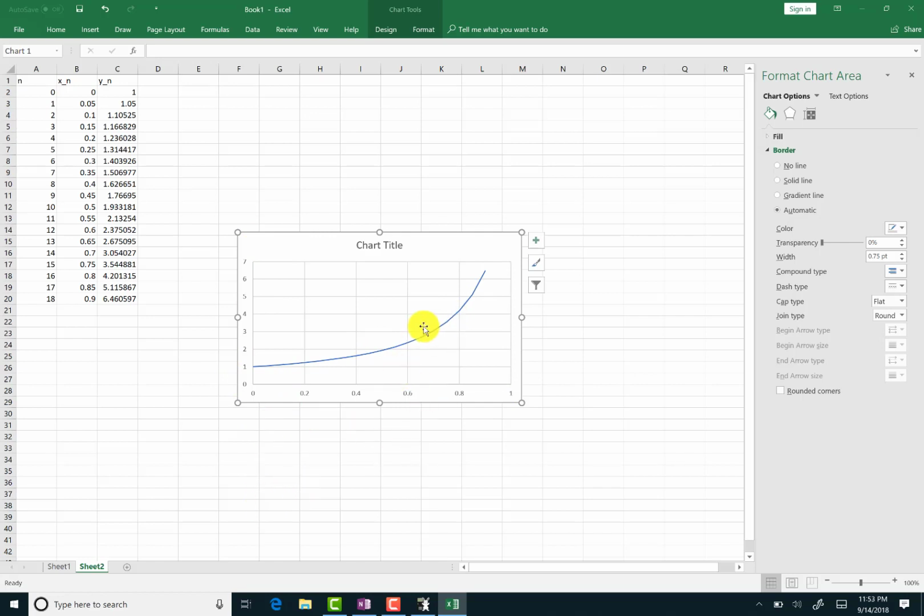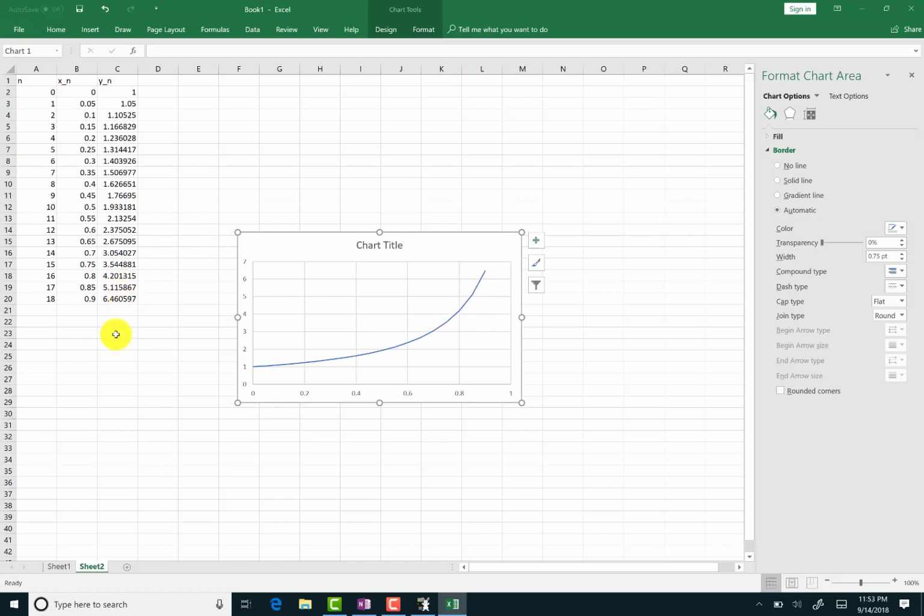And you can see it's sort of jaggedy to indicate the straight lines. But what you might be asked then is, what are the approximate values of this or that? Say they wanted to know, what is y of 0.5? Well, your estimate would be 1.933181. If you were asked to grab it, there it is.